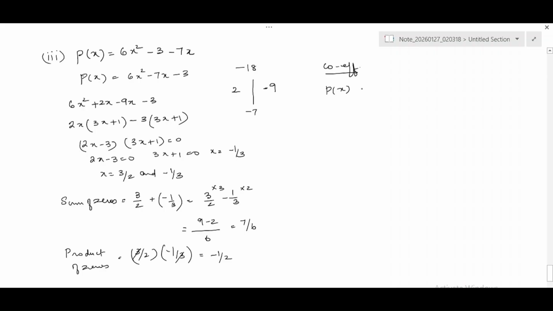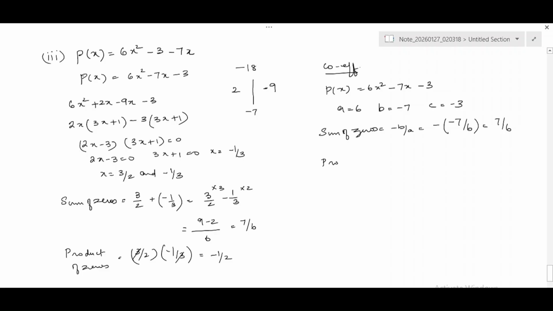P of x is equal to 6x squared minus 7x plus minus 3. So we just rearrange and write it. So a is equal to 6, b is equal to minus 7, c is equal to minus 3. So sum of zeros is equal to minus b by a, is equal to minus of minus 7 by 6, is equal to 7 by 6.